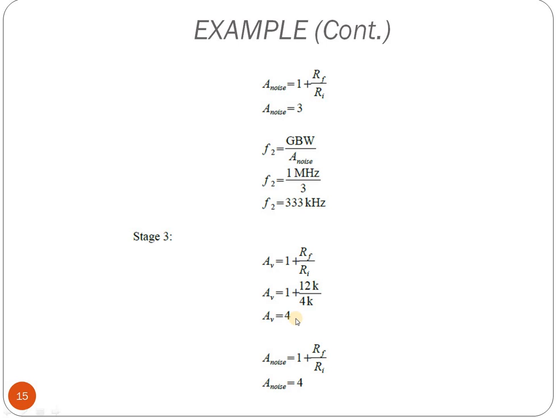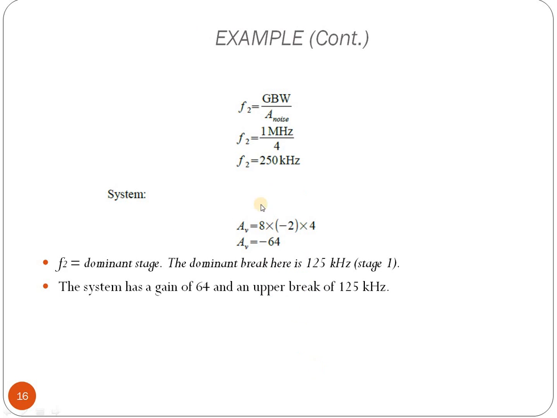Then the noise gain is equal to 1 plus RF by RI, the same value, so it is also 4. And the last stage break frequency is F2 equals the same equation, gain bandwidth divided by noise gain, and the result is 1 megahertz divided by 4, so 250 kilohertz.